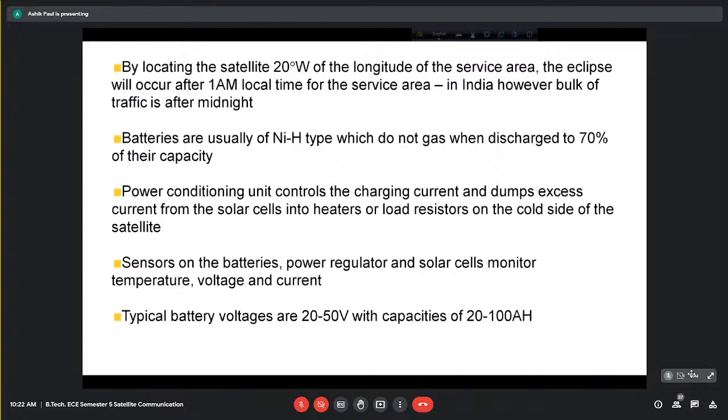Typical satellite battery voltages range from about 20 to 50 volts, and batteries are usually rated in ampere hours. The larger the ampere hour rating, the longer the battery can provide a high current without the mains. That is why in communication satellite subsystems, the batteries used have capacities of about 20 to 100 ampere hours.